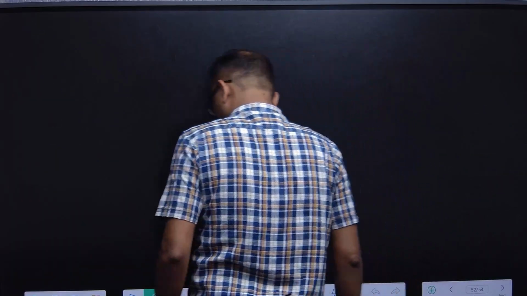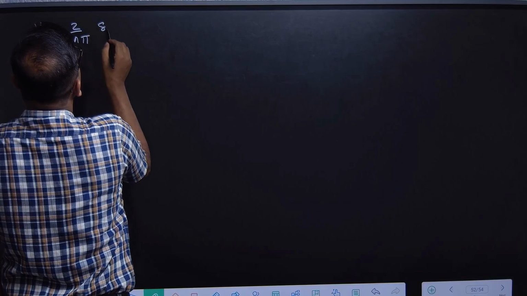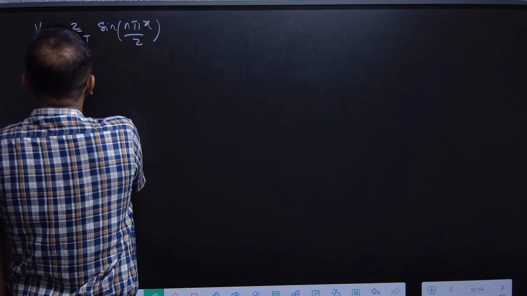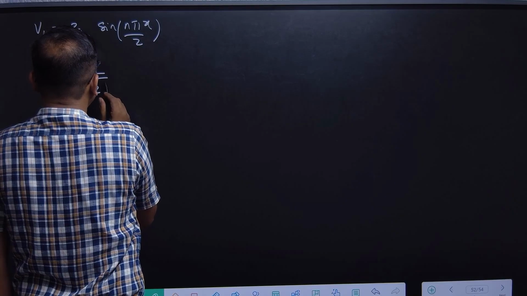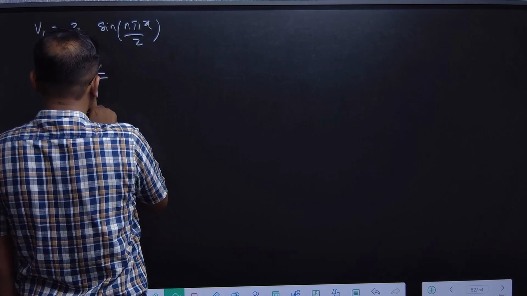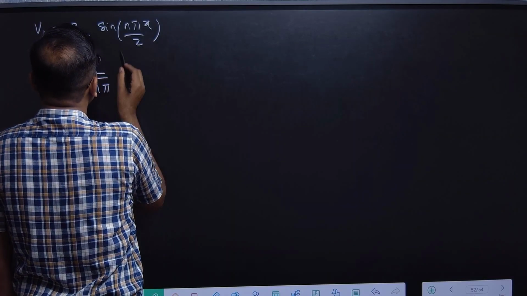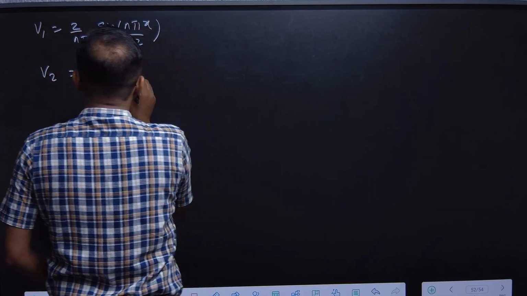Once you get V1, we'll find V2. Again, I'll write V1. V1 was 2 upon n pi into sine n pi x upon 2. V2 will be integration of V1. Remember, suffix represents integration. V2 is the integration of V1. Now, this 2 upon n pi being constant, we'll take it outside the integration.